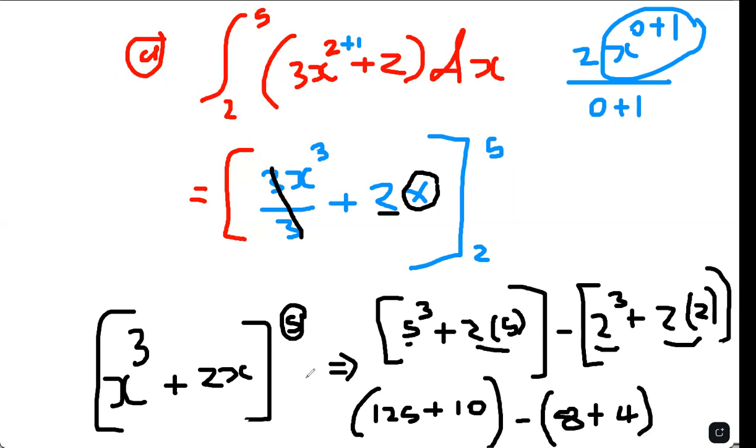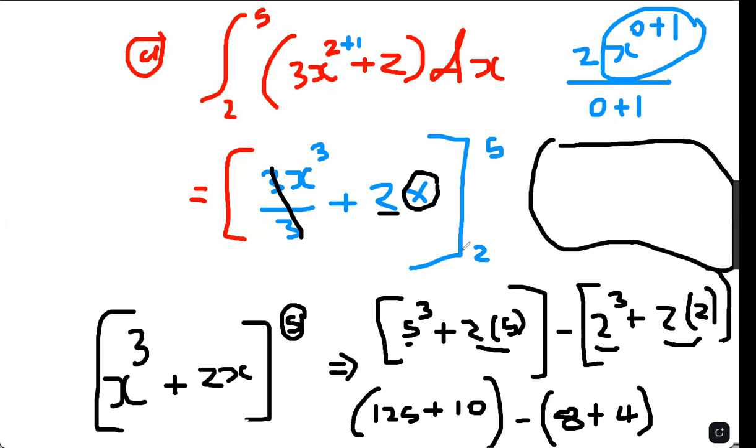Then 125 plus 10 gives us 135, minus 8 plus 4 gives us 12. And when you subtract 135 minus 12, the answer is 123. So 123 is the answer.